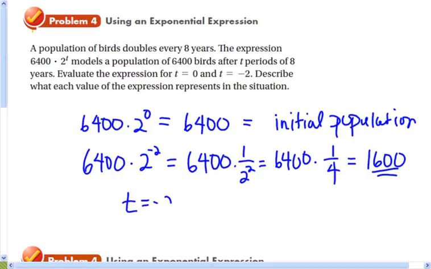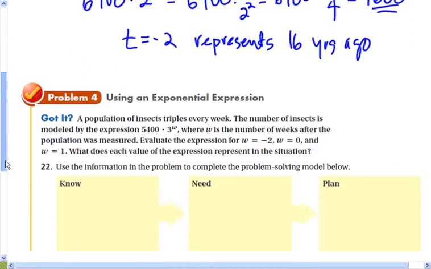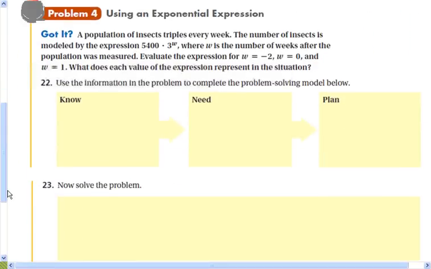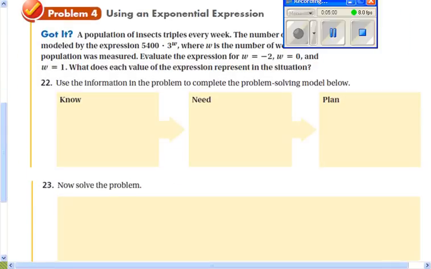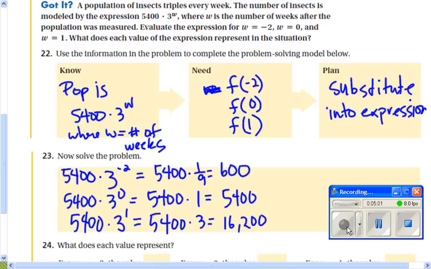So t equals negative 2 represents 16 years ago. All right, go ahead, you try working with that. Check back for the answers.